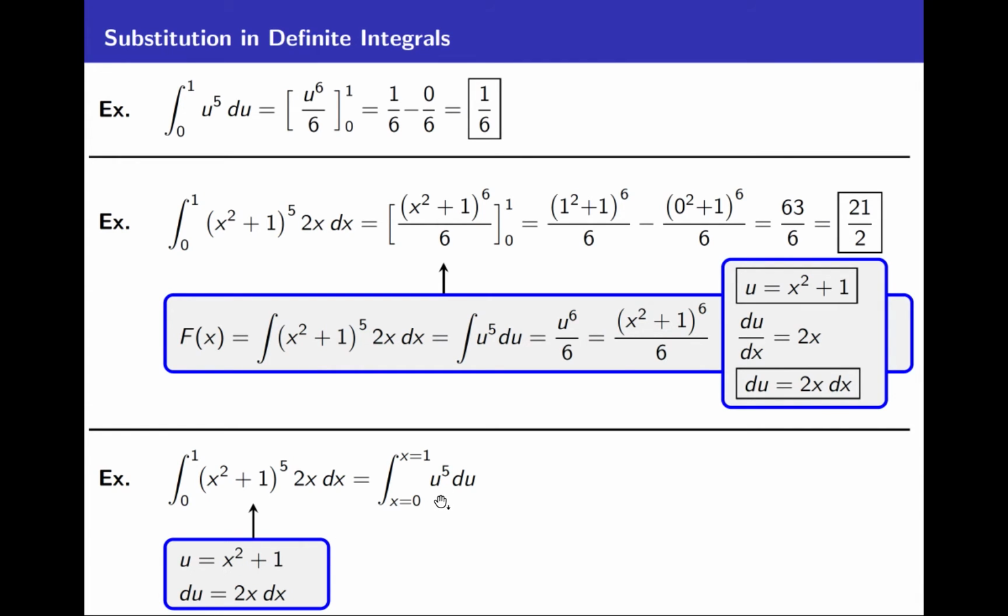And we got this integral here, and that was the integral of u to the 5th du. But I want to remind you that these limits of integration are x values, and they're not u values. So to emphasize that, I'm going to write x equals 0 and x equals 1. This is the integral from x equals 0 to x equals 1 of u to the 5th du.